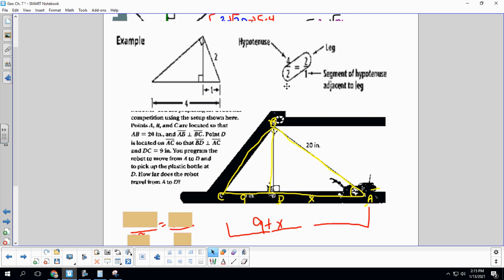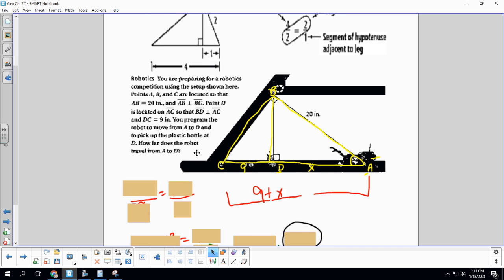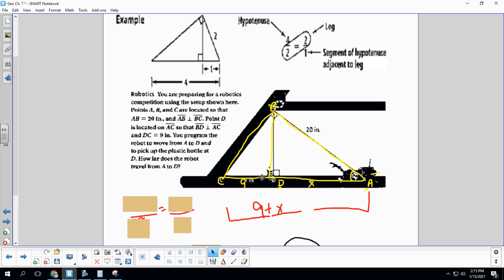Okay, so it is this scenario here. We have information about the outside leg and the hypotenuse. We don't have any altitude information, so we're not going to use that other one. Where we had the outside leg, which is the 20, we are going to put it where the 2 is here. And then the hypotenuse is 9 and x combined together, so that's 9 plus x.